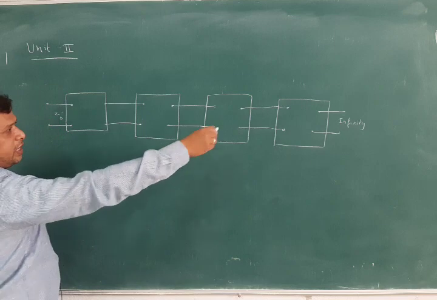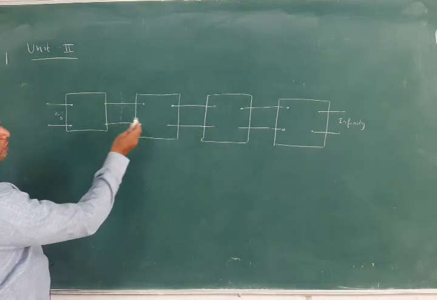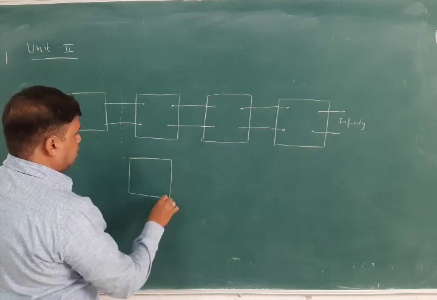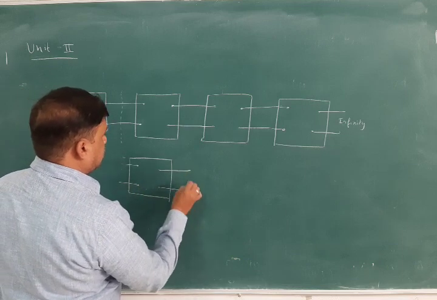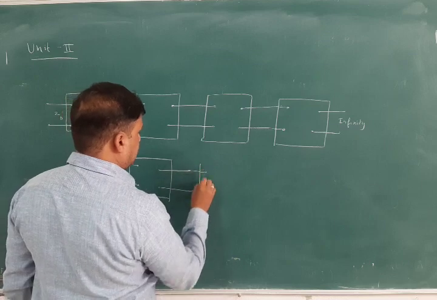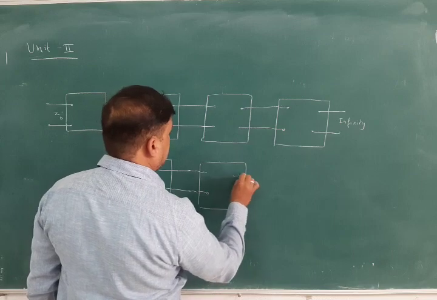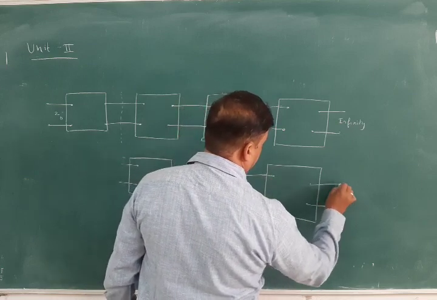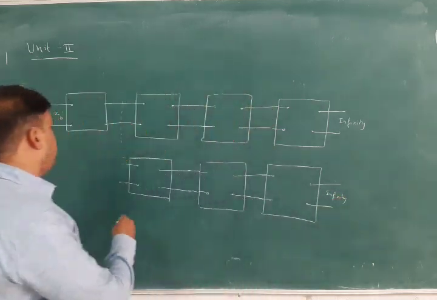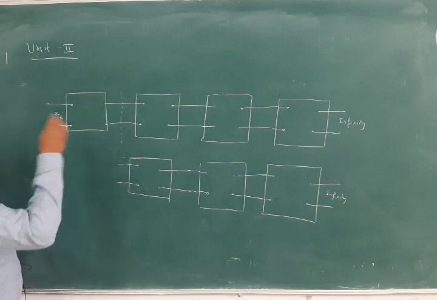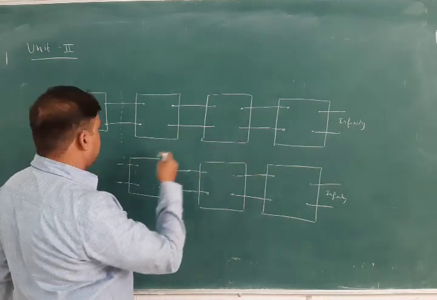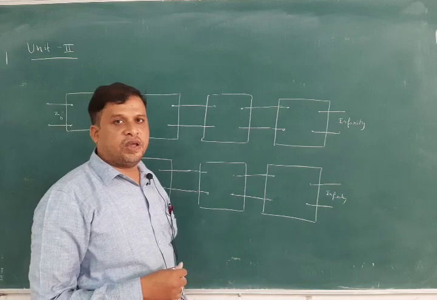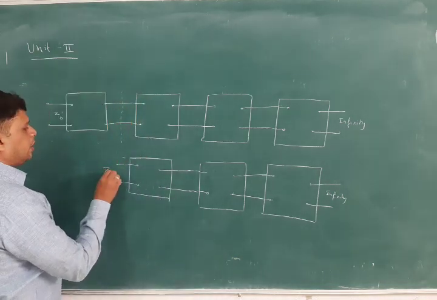If you have the networks connected in cascade up to infinity, and we start from the second network, the first network is removed and we start from the second network of the chain. Even though we start from the second network, we will still have the input impedance as Z0.